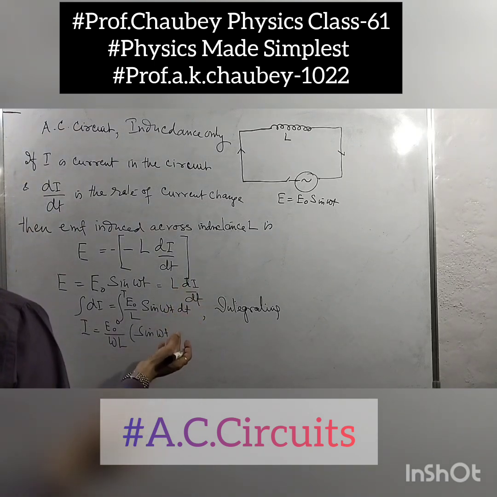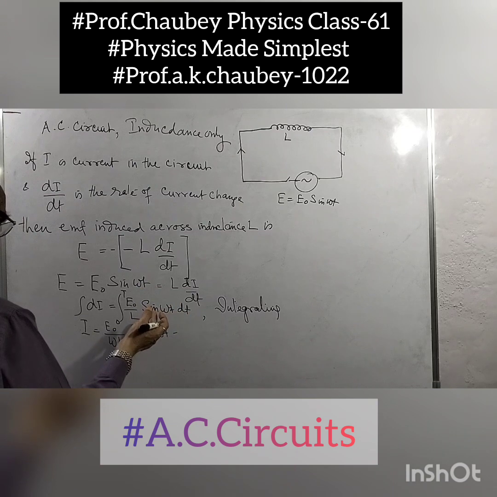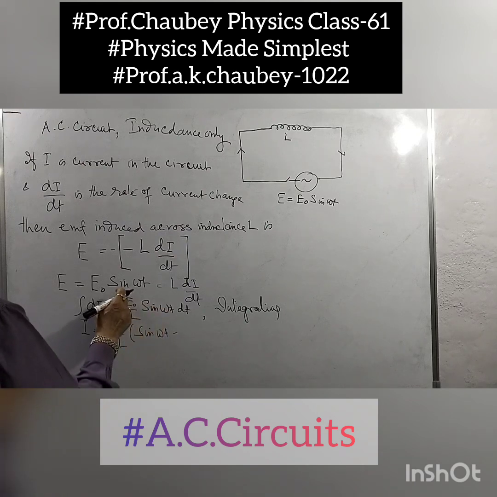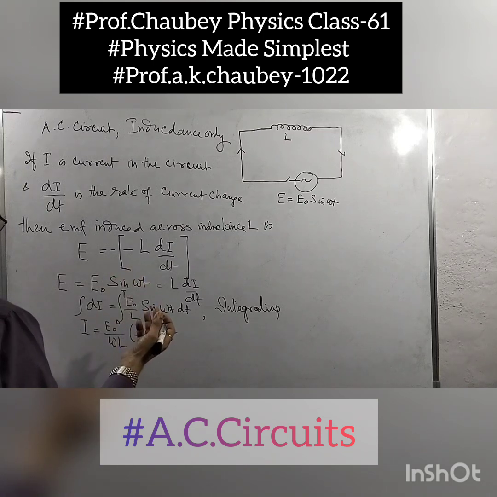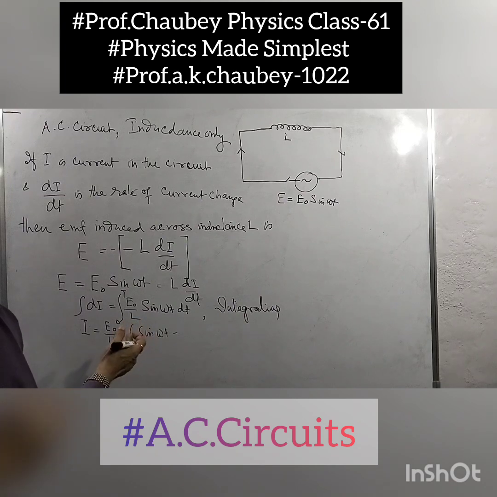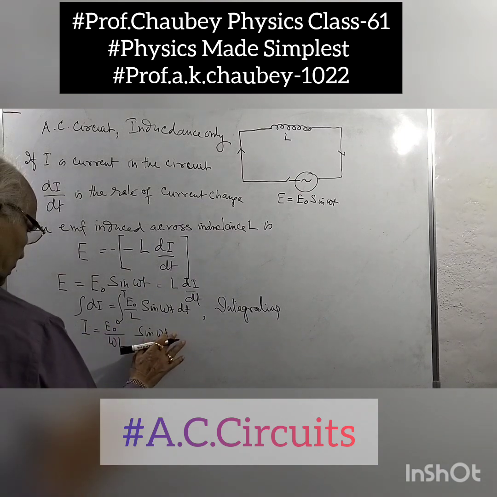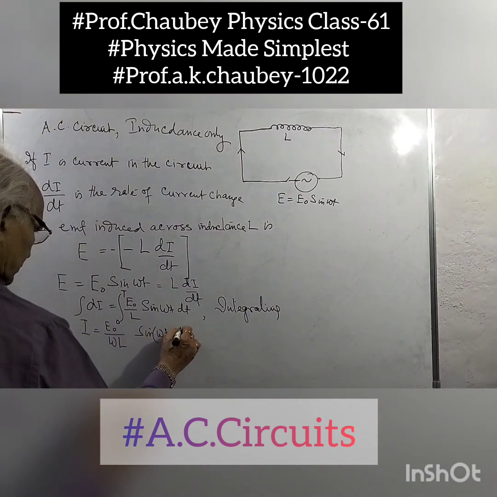That is only 1 when you integrate cosine omega t, minus cosine omega t. So when you put t is equal to 0, you get 0, sine 0. So that is sine omega t. You can write sine omega t minus pi by 2.